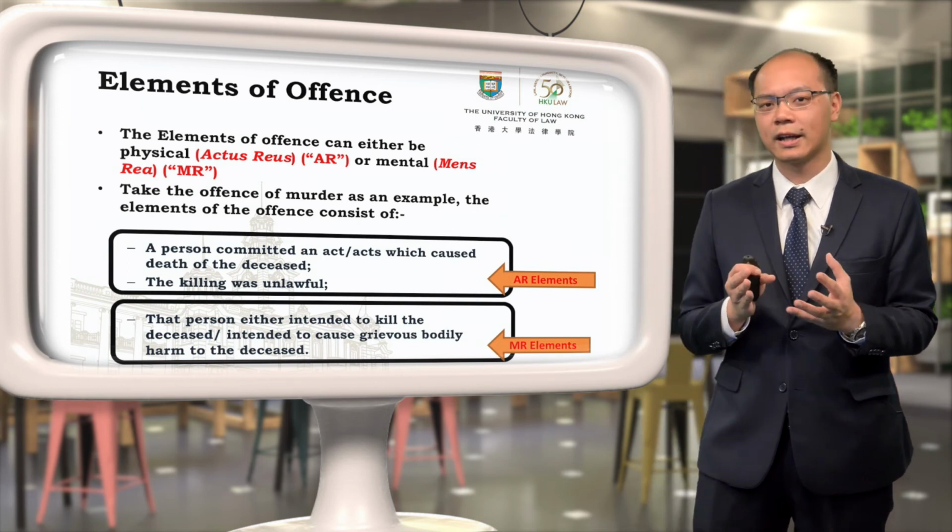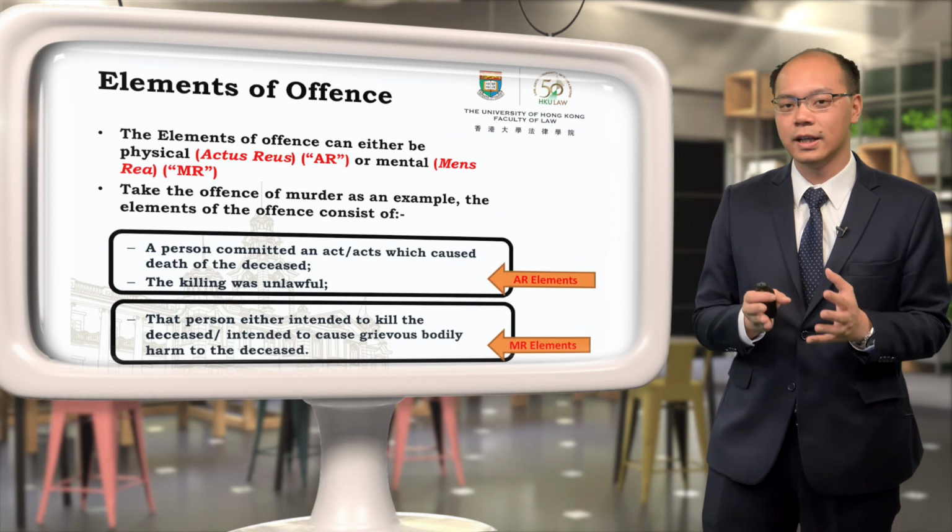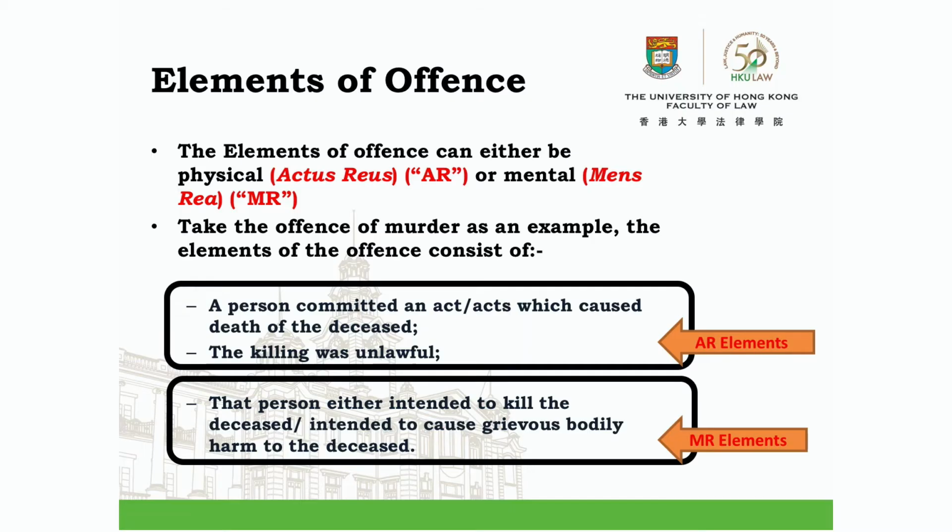Generally speaking, we can classify these elements of offense into two types. So as you can see on the slide, we have actus reus. Oftentimes we refer to that as the physical element of the crime, all right? And then at the same time, we have mens rea, that is the mental element of the crime.